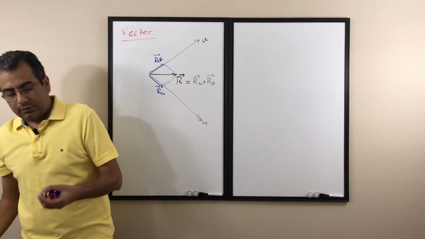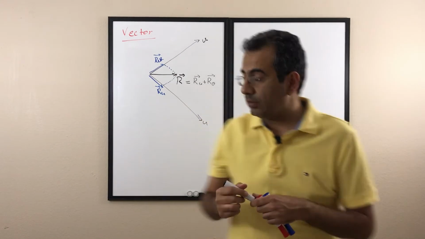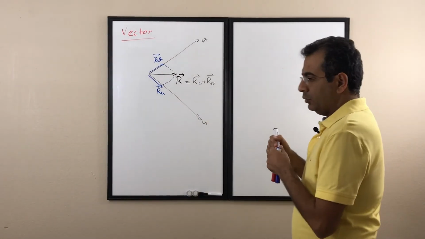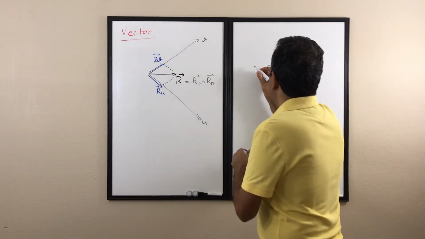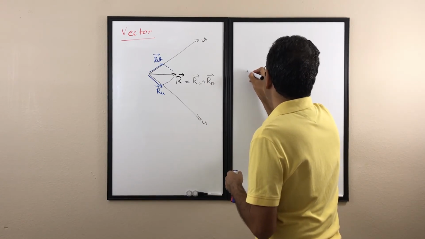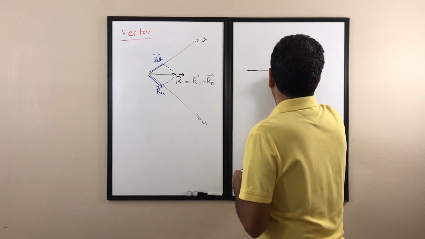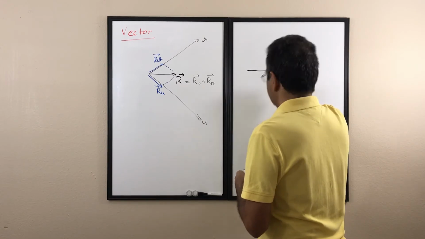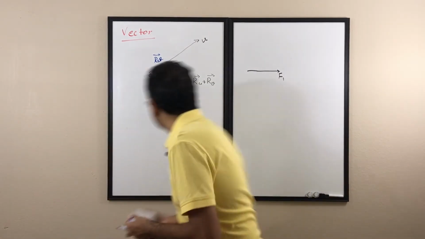Those laws are the cosine law and the sine law. To consider that, assume that we have, for example, this is f1, or let's put it here to make it less confusing.